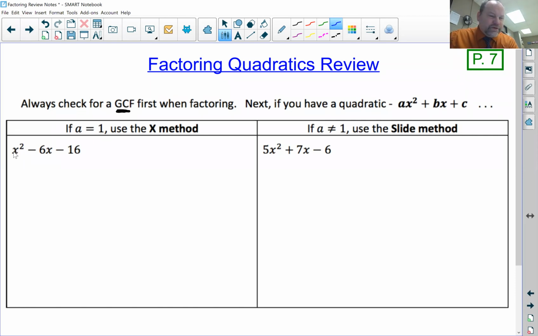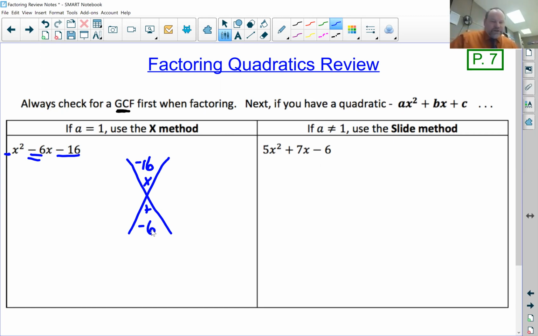So if a, the value in front of x squared, is 1, or there just isn't a number written there, we can use the x method, where we look for two numbers that multiply to c and add to b.